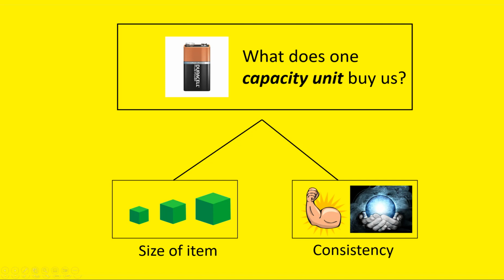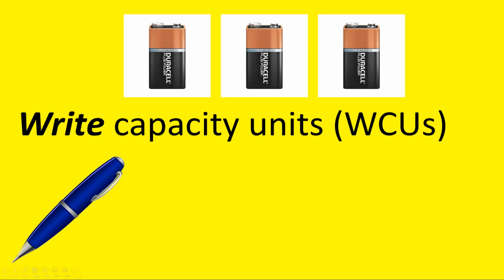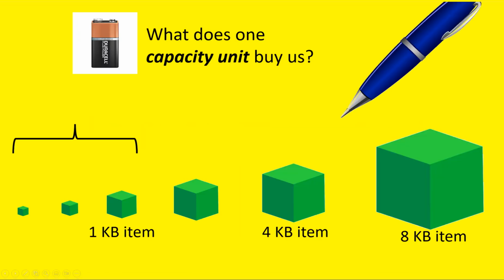When it comes to writing data, 1 write capacity unit gives you 1 write per second for an item up to 1 kilobyte in size. This means if you need to write 100 items per second and each item is less than 1 kilobyte, you'll have to provision how many capacity units? 100.